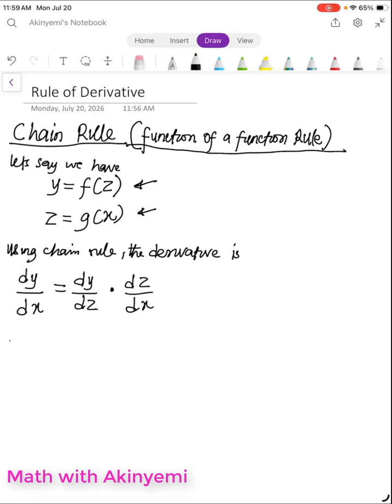In summary, it implies that dy over dx is equal to the derivative of this with respect to z multiplied by differentiating this with respect to x. So that is the simple formula for a chain rule.